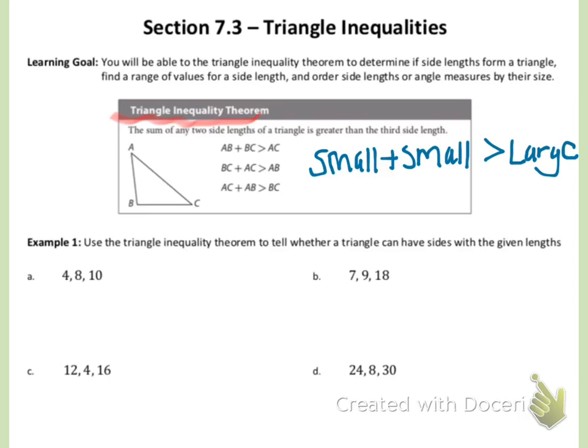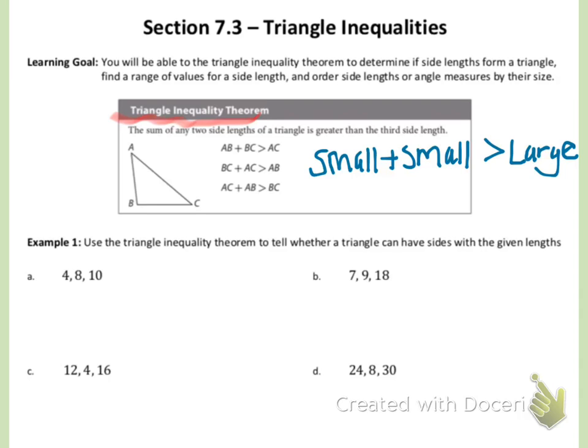That's a really quick test. We should be able to look at these sets of numbers in example 1 and tell right away whether this is going to make a triangle or not, which is a lot easier than getting out some straws and cutting them to these measures and trying to put them together to make a triangle. So it's a nice quick test.